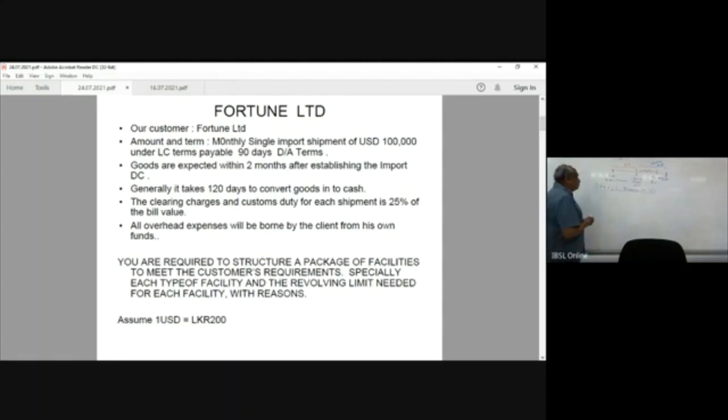So therefore, amount in US dollars 100,000 into what is the lead time? 2 months. So we have to give them the facilities to open 2 LCs. Otherwise, it is not sufficient. That is US dollars 200,000.